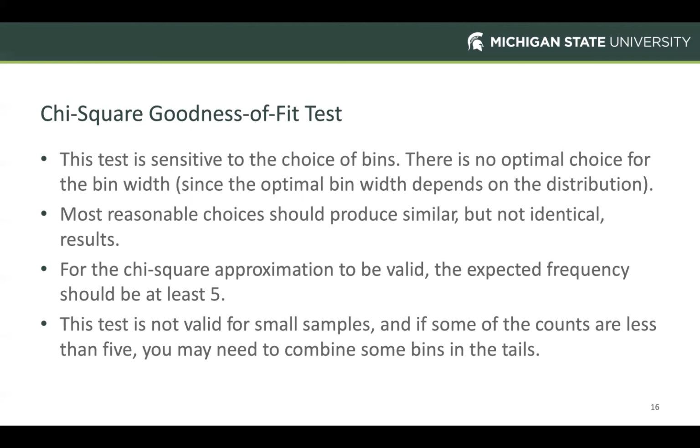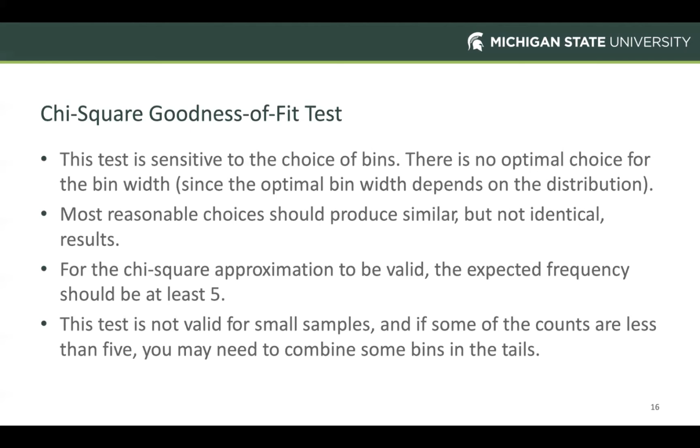So if you construct the bins too small, you'll often get some spurious results where you might reject this test simply because you've made the bins too small, for example. And so consequently, there's a little bit of art, a little bit of science here. The more you get used to working with this, it becomes more straightforward to apply. I should also note the test is not particularly good for very small samples.